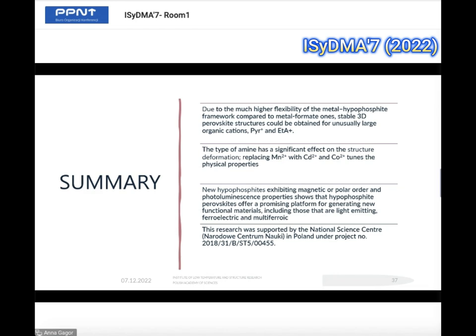And when we change the metal, we can tune the physical properties like magnetic response and optical properties.